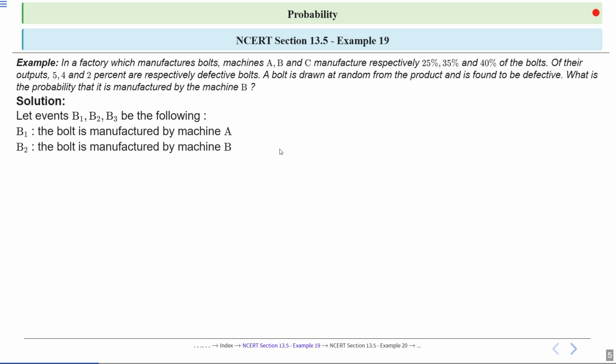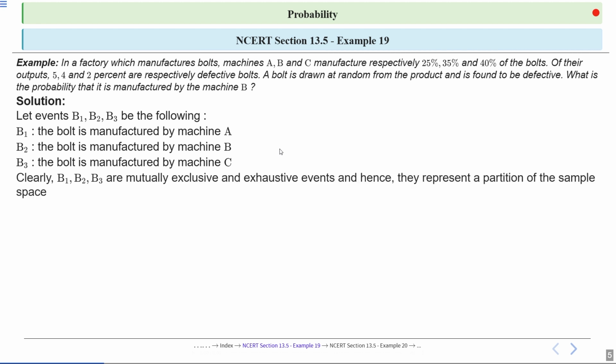B2 represents that the bolt is manufactured by machine B. B3 represents a bolt made by machine C. Clearly, B1, B2, B3 are mutually exclusive and exhaustive events and hence they represent a partition of the sample space.